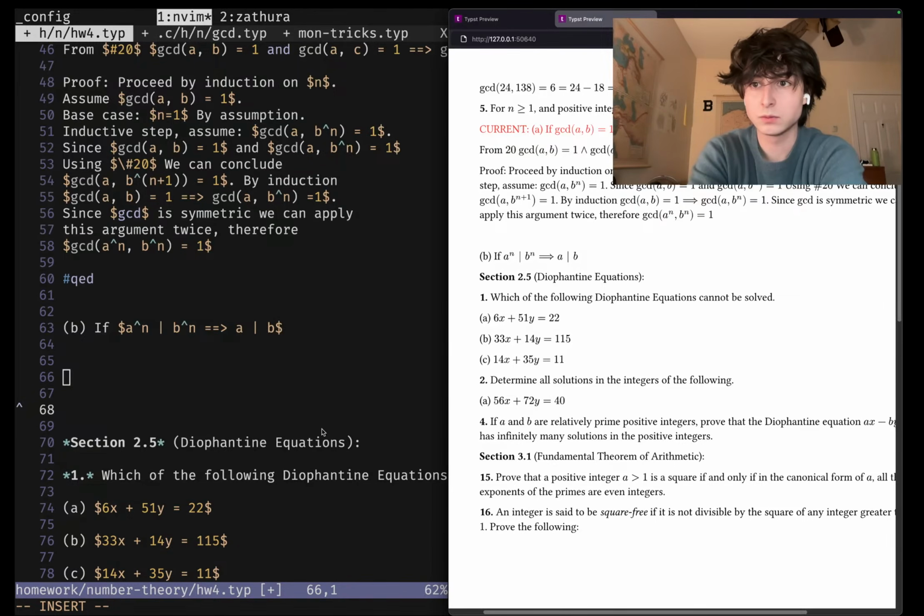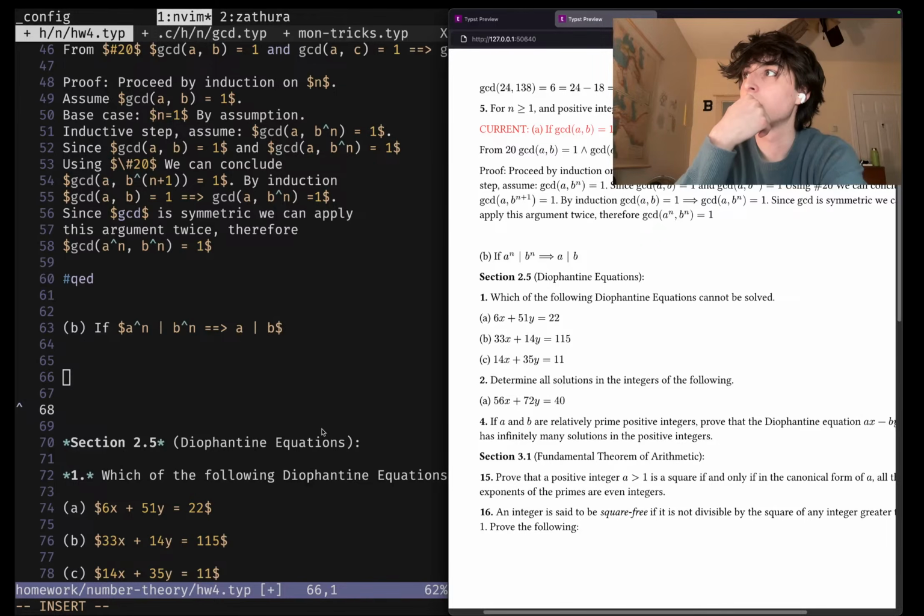Let's see here. I mean, again, if you can use things about prime numbers, then that would be very easy, but they want something else. I guess the kind of thing you want to show is, a to the n divides b to the n.